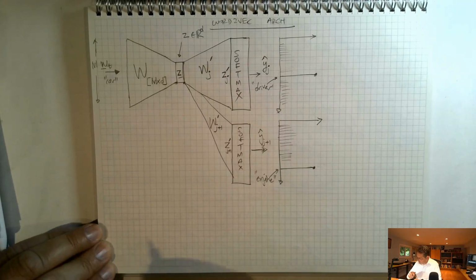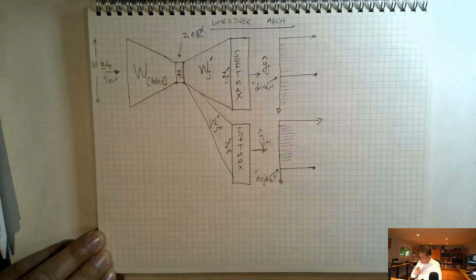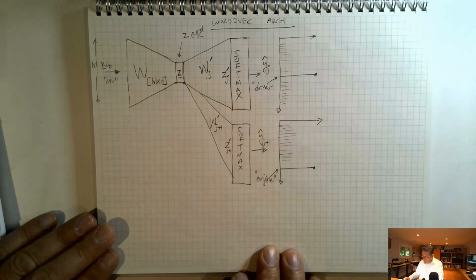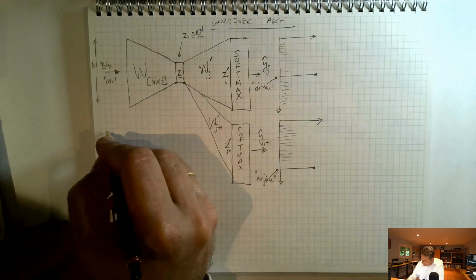So I hope it's clear what is happening over here. As we've seen in other videos, we can write down the forward propagation equations to convert the diagram into a set of equations. These are very straightforward.